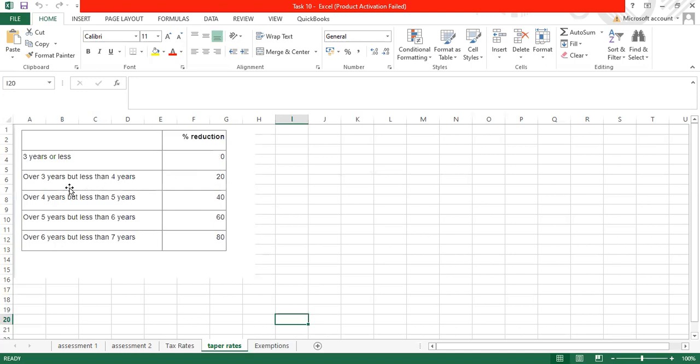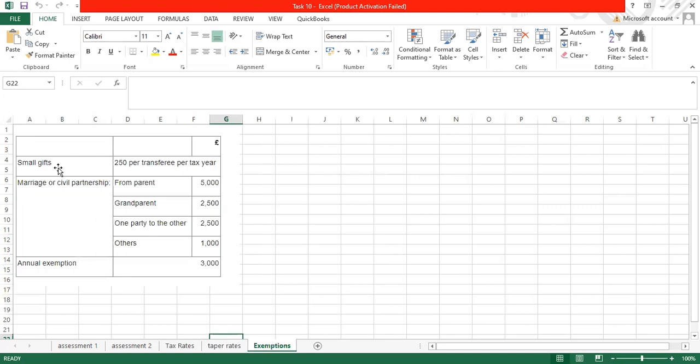If I die in 3 to 4 years, the relief will be 20%. For 4 to 5 years it is 40%, 5 to 6 is 60%, and 6 to 7 years is 80% relief. If I live more than 7 years, the person I have given a gift to needs to pay nothing.